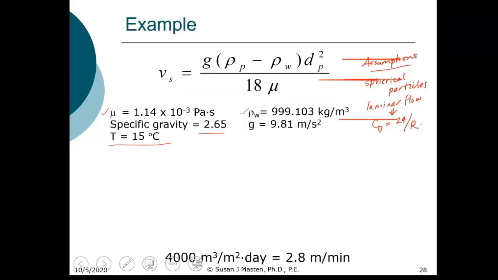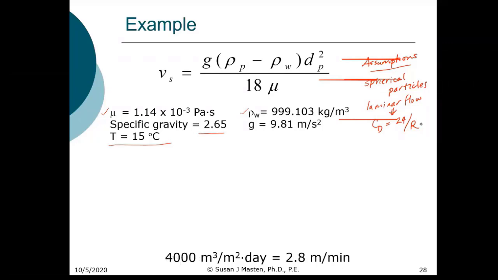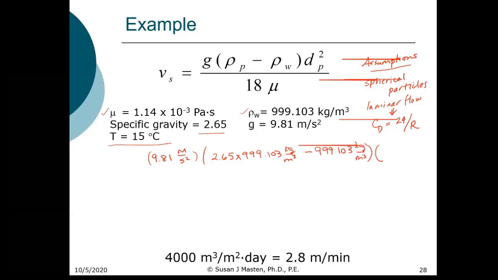So we'll simply use the equation for the terminal settling velocity. We have 9.81 meters per second squared times 2.65 times the density, so that's the density of the particles minus the density of the water, times the diameter of the particles.